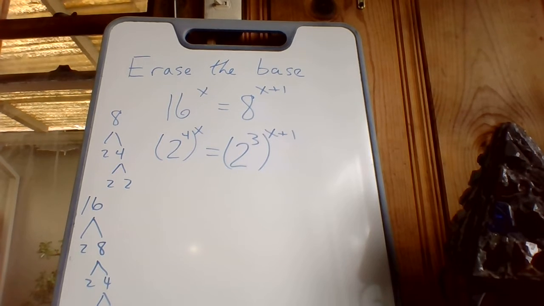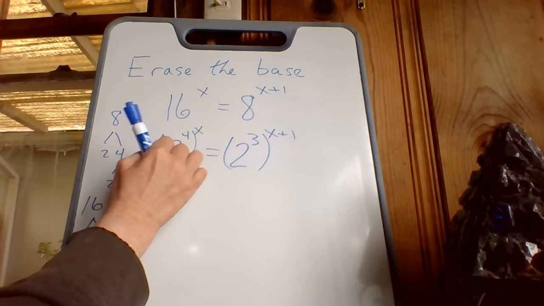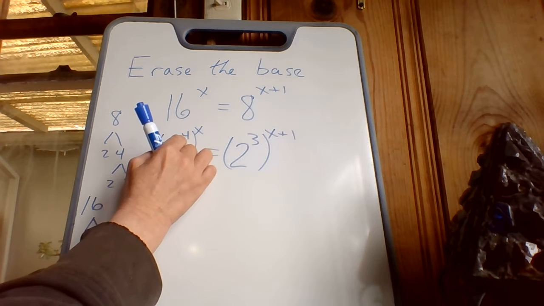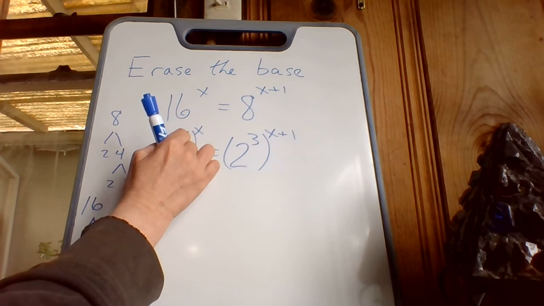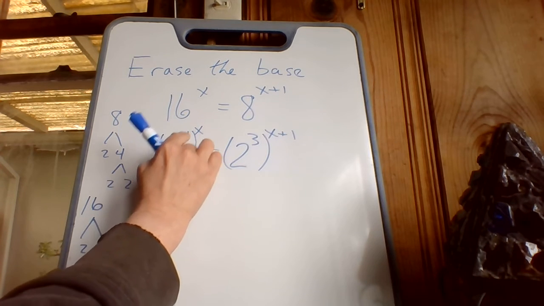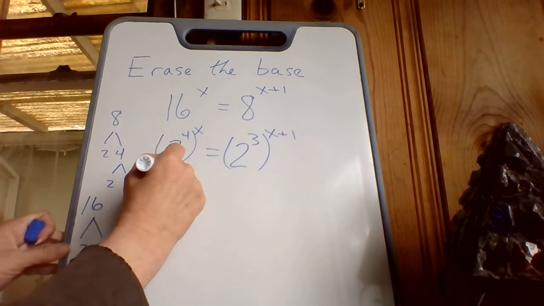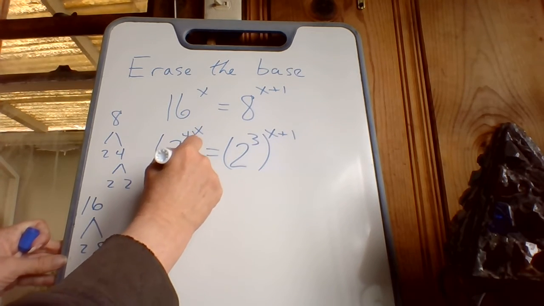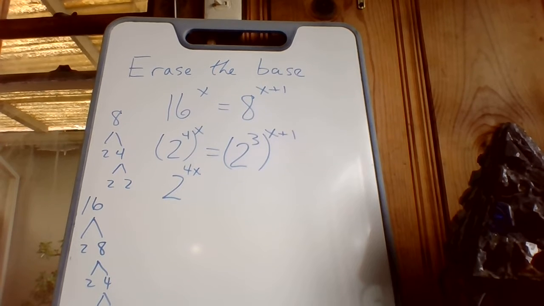All right, now you stop thinking about the exponent like it's sort of attached to the 2, and think about this 4 like it's more attached to the x. A power to a power, you multiply powers, so 4 times x is 4x. So really this just says 2 to the 4x.